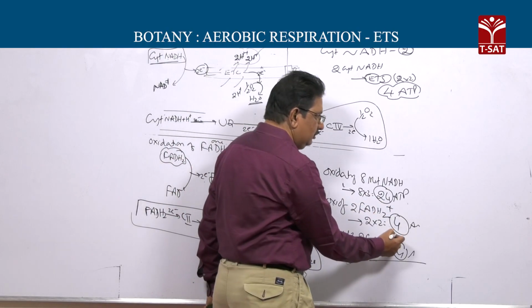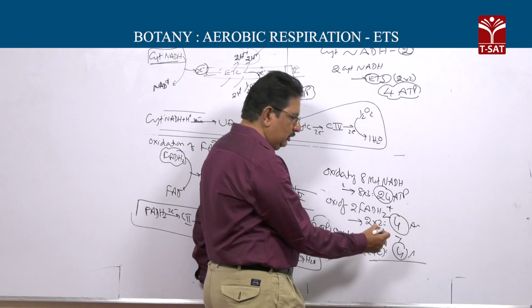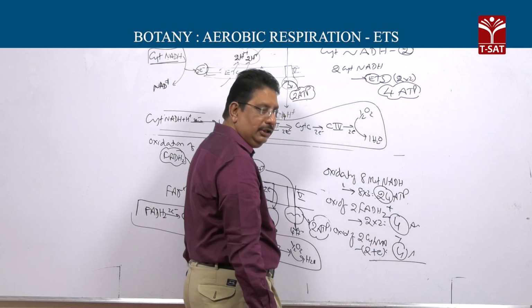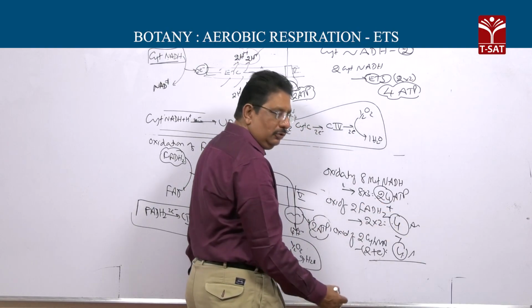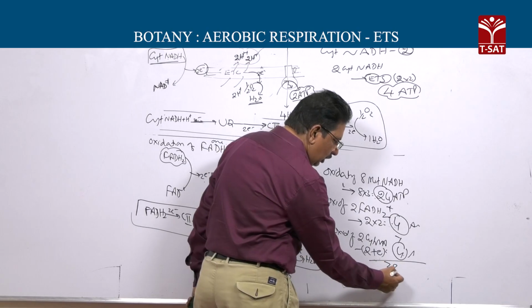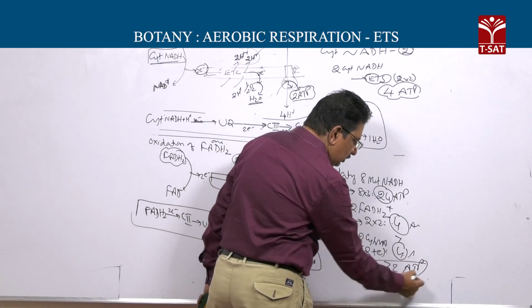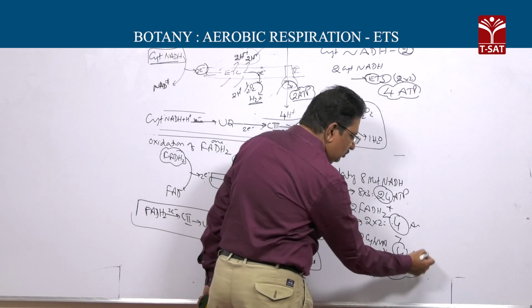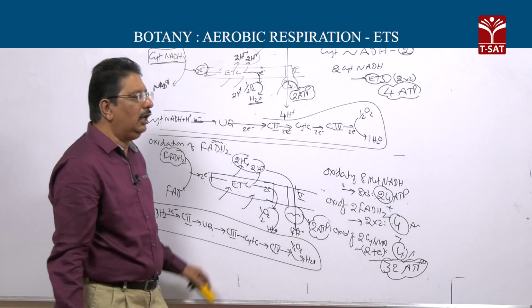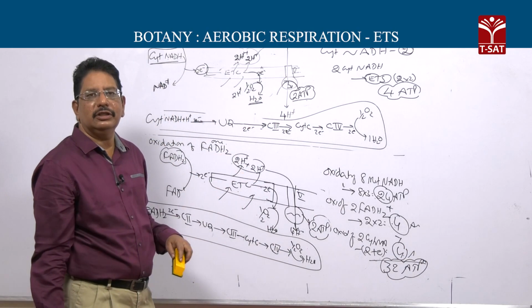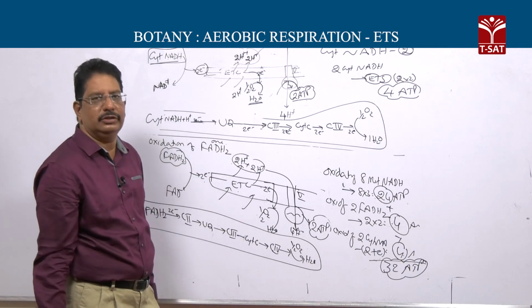Summing all this, what comes? 24 plus 4, 28, 28 plus 4, 32. So, altogether 32 ATP molecules are generated on complete oxidation of all reduced coenzymes.